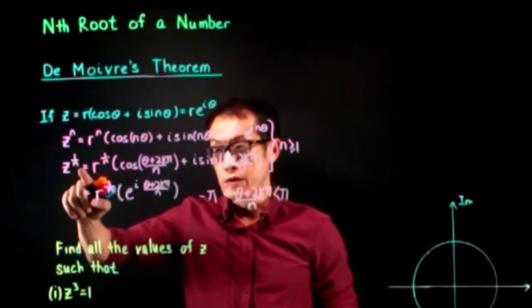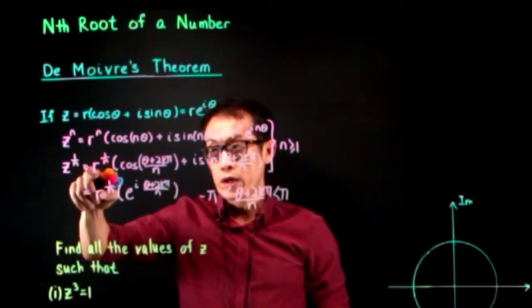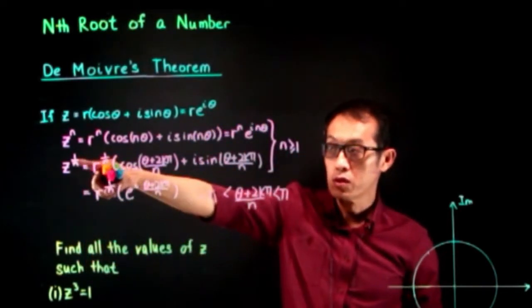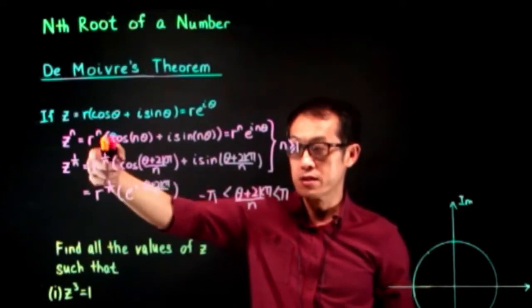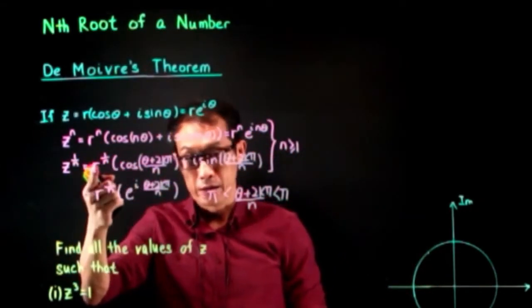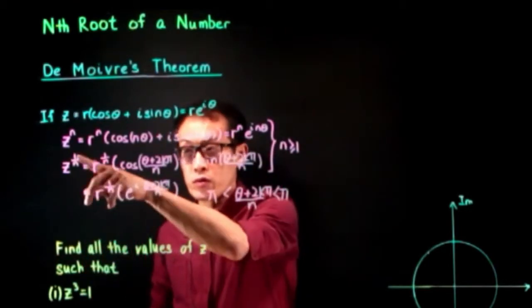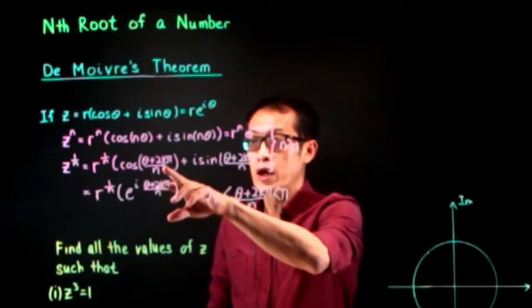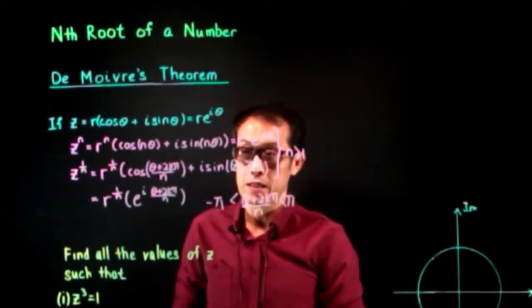Now, if this is a root, where the power is smaller than 1, then n is greater than 1, 1 over n will be smaller than 1. Then you find that you have more than one answer.